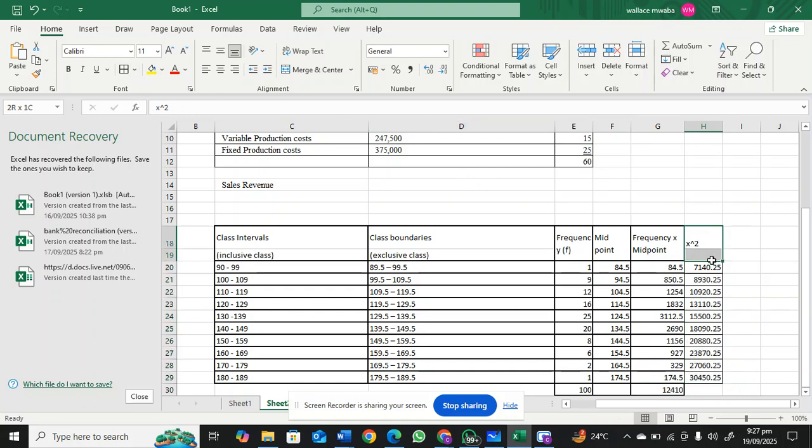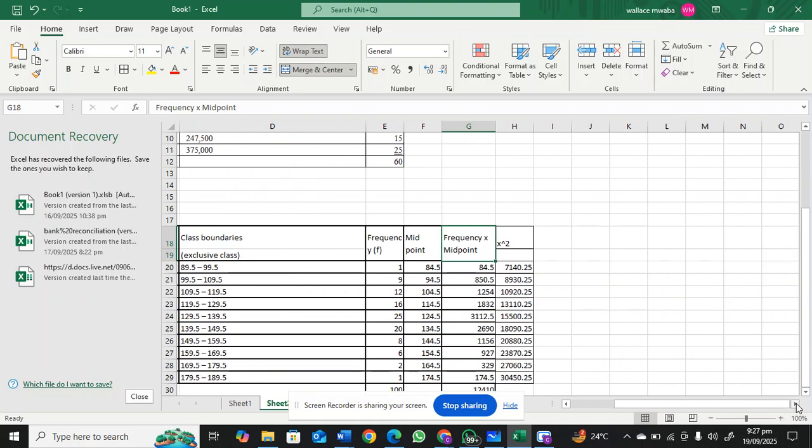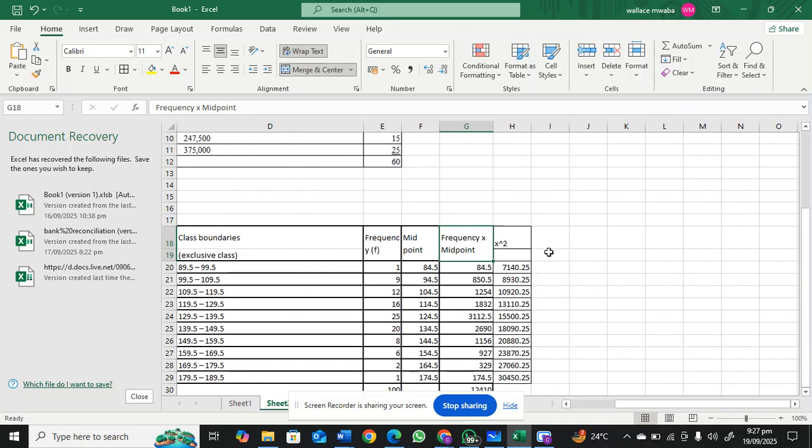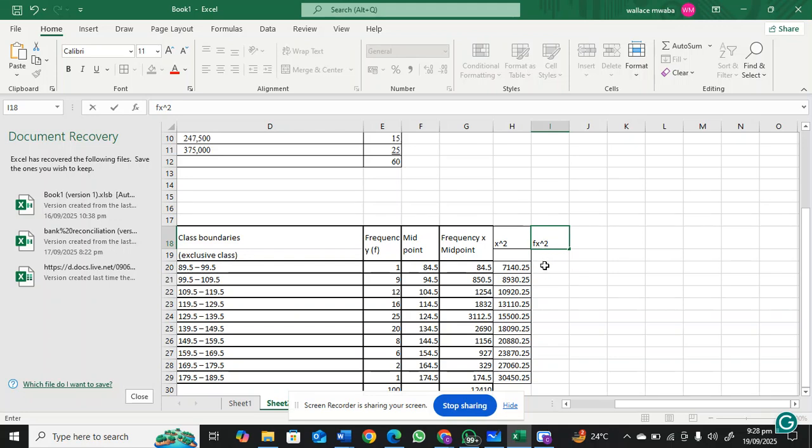All right. Then after we square each midpoint, next it's the frequency times the midpoint squared. That's the fx squared we were seeing there. So each frequency, we multiply by the midpoint squared.